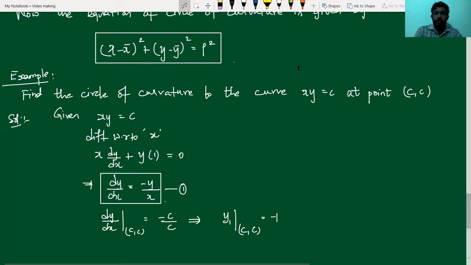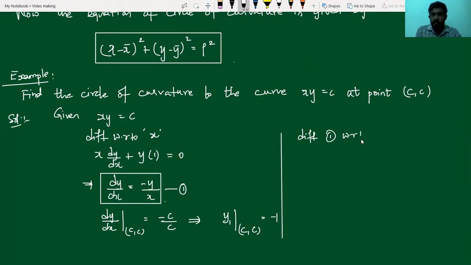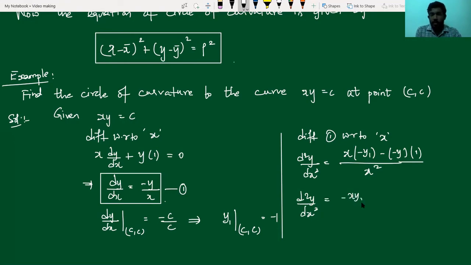We get d square y by dx square is equal to, applying the quotient rule, denominator into differentiation of numerator, minus numerator, which is minus y, into differentiation of denominator, which is 1, all over denominator square. Simplifying, d square y by dx square is equal to minus x into y1 plus y, divided by x square.